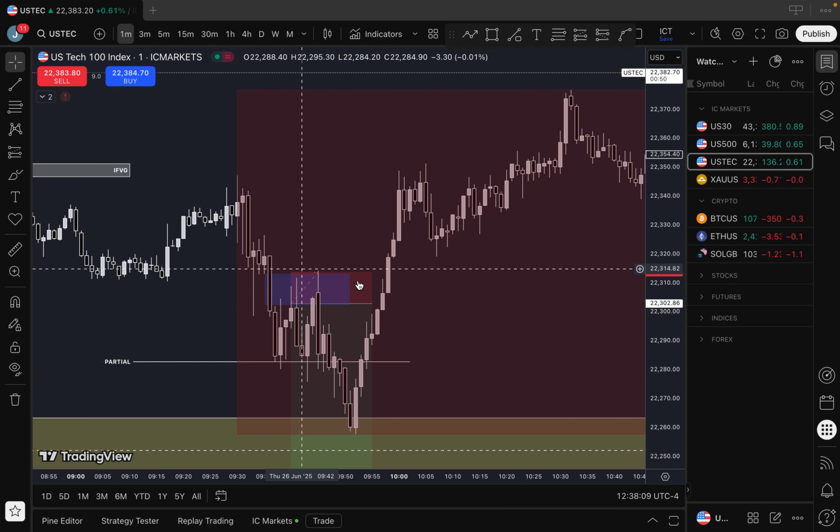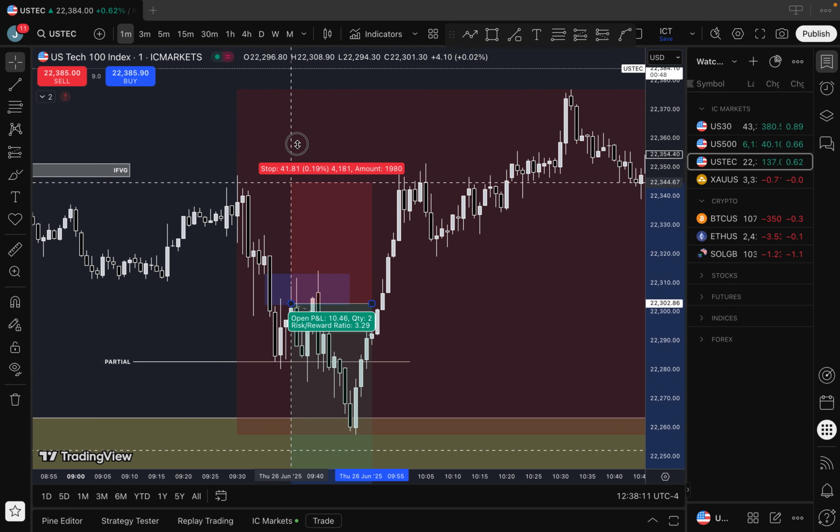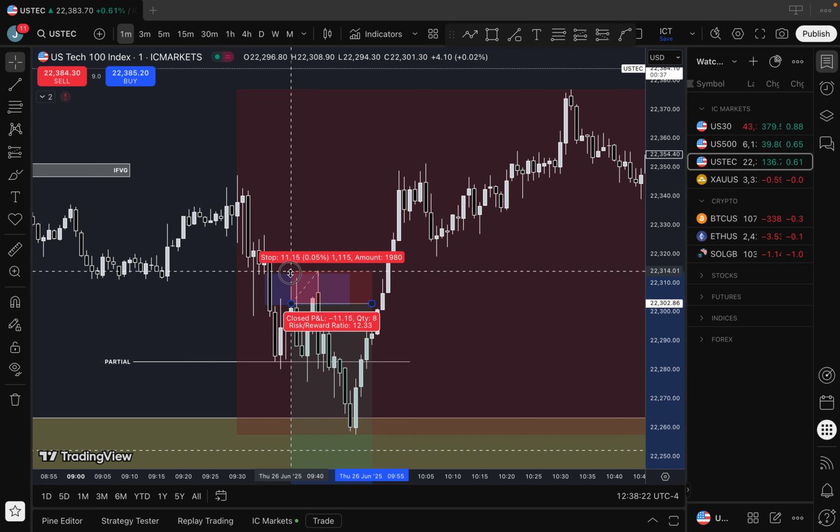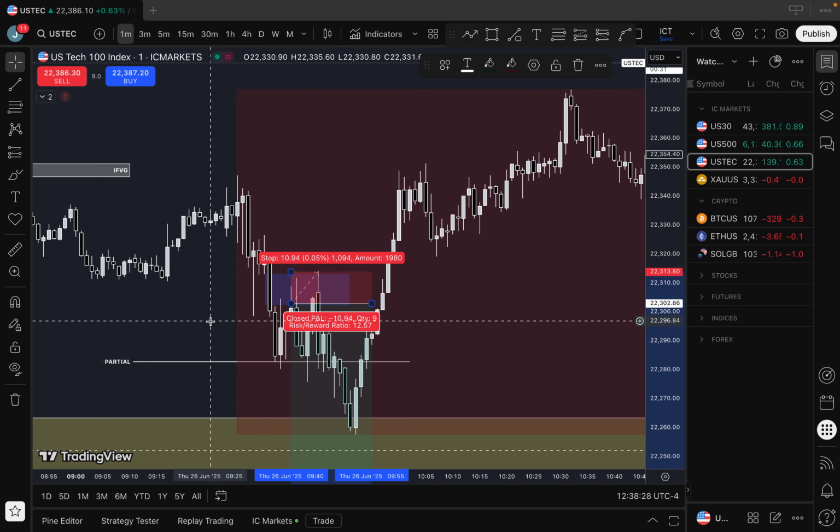And my initial stop loss was up here. And then after I closed that first partial, I secured like £15 profit, £15.40 or something like that. So I just moved the stop to where it was less than what I'd taken profit on, just so it's essentially a break even.